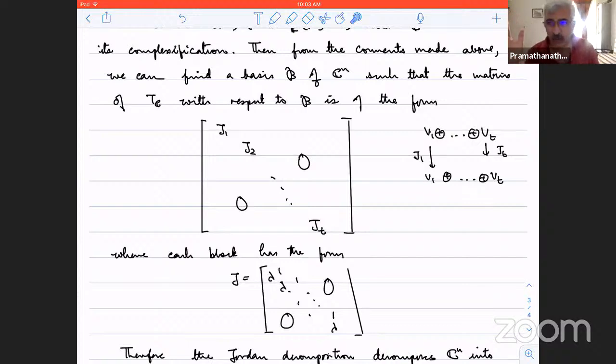Call it W something, and look at its pre-image under the change of basis that sent your basis vectors to standard vectors. So go back, and that will be your V_i.